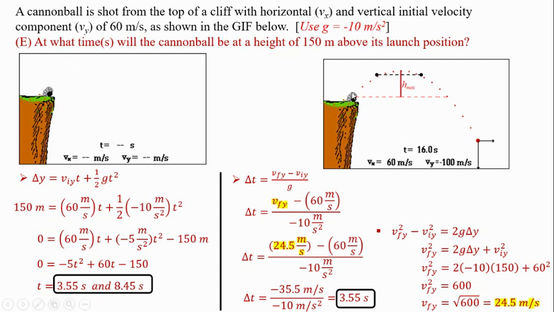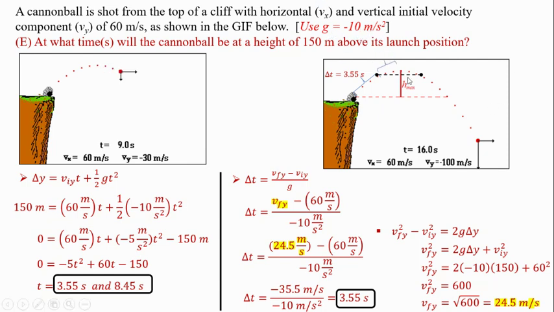Okay, so again, on its way up at 150, it'll keep rising to a higher height, and then on the way down, it'll hit 150 meters again. So those 2 dots just represent the 150 meters above launch position. So here, this bracket we just found, it took 3.55 seconds to hit the first 150 meter mark vertically.